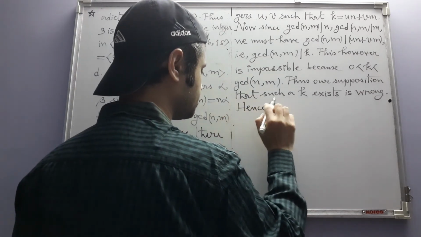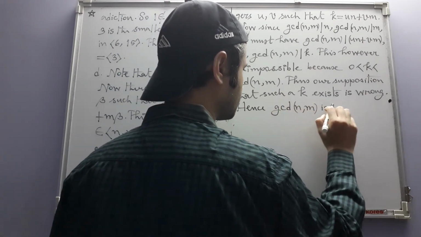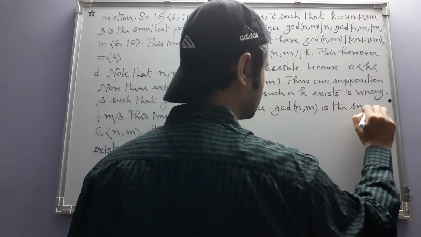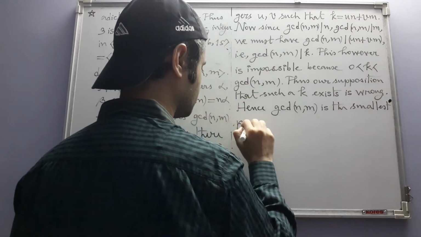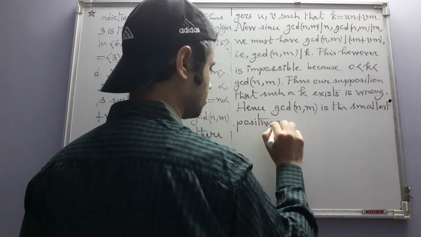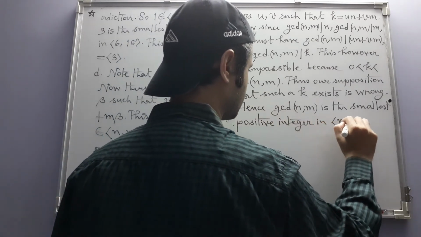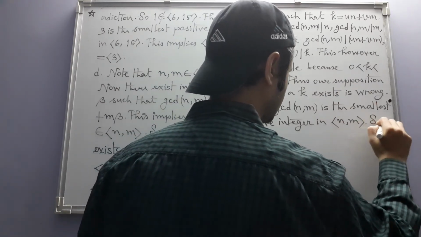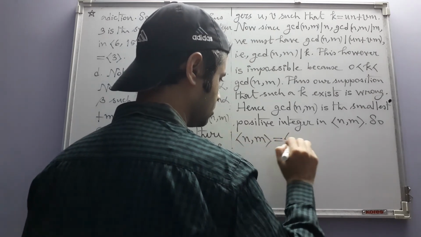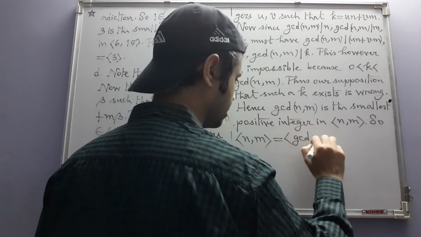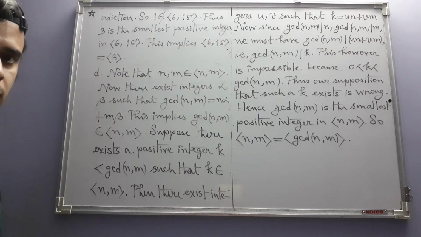Hence, this is the cyclic subgroup generated by the GCD of n and m.